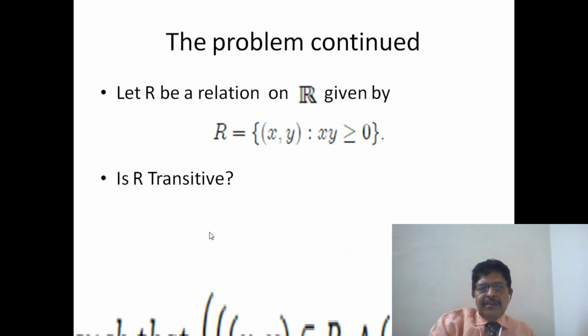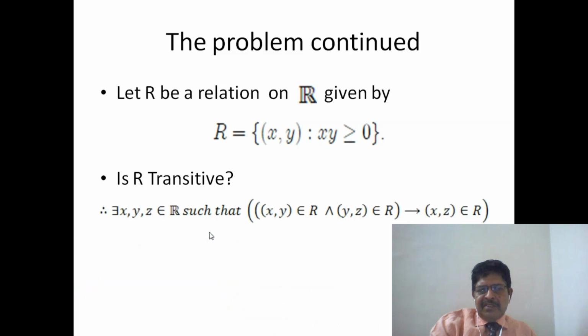Okay, so there exist three real numbers x, y, z such that they make the statement of the property of transitivity false. Okay, and for this reason we can't say that the relation is transitive.